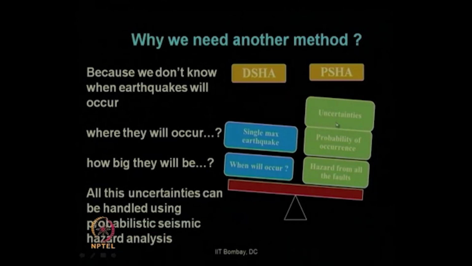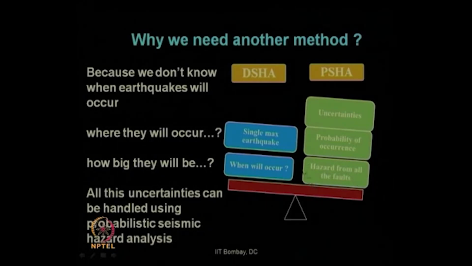It takes care of all the uncertainties involved in the process. We will go through this slowly when we describe PSHA. It takes care of all these uncertainties we discussed just now. Their probability of occurrence, that is how much chances are there to occur that value of earthquake, that distance of earthquake, that fault of consideration, etc. And hazard is taken from all the faults, but not with equal values.